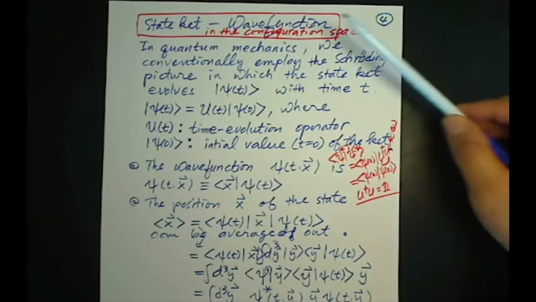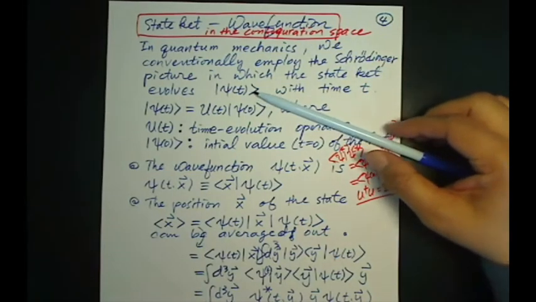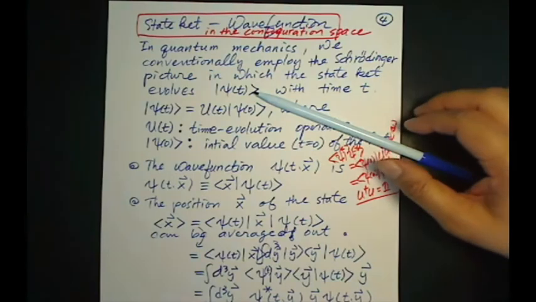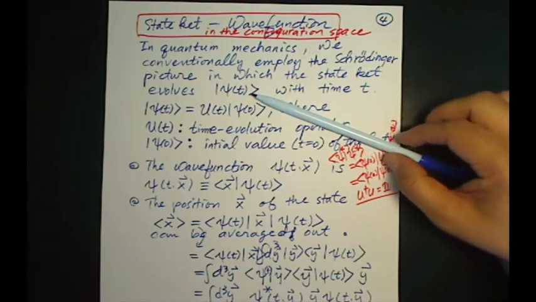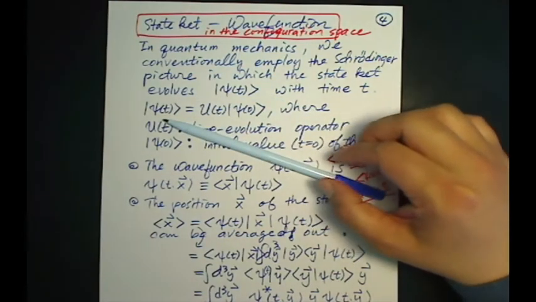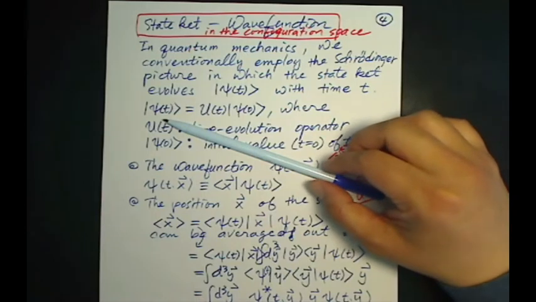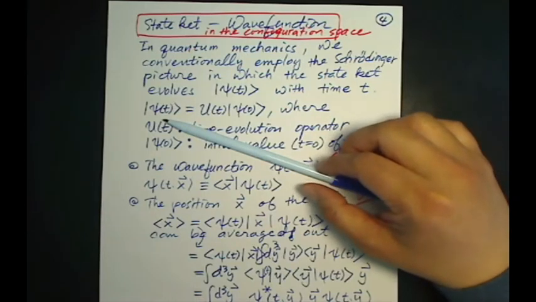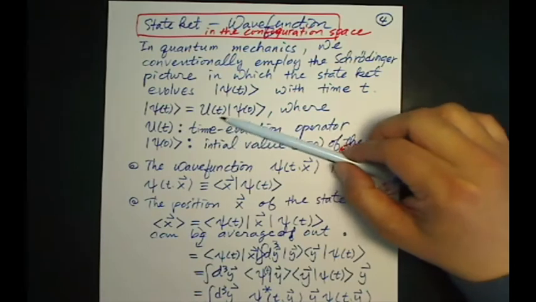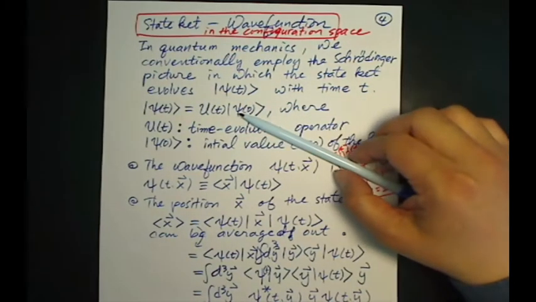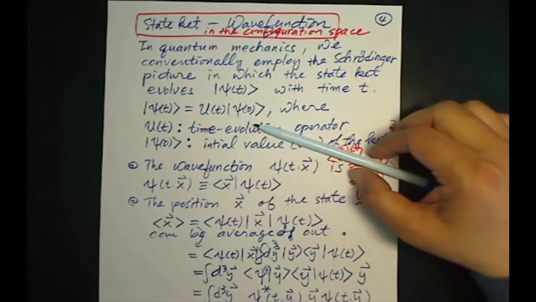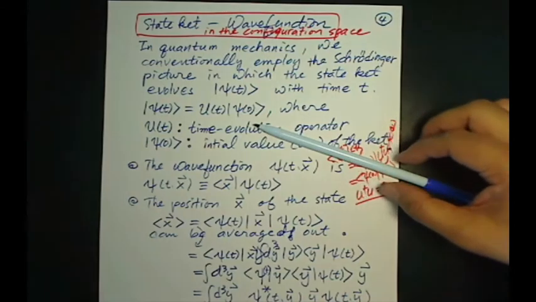In the Schrödinger picture, the state ket develops as time goes on, and the state ket at time t can be obtained by multiplying the time evolution operator to the state ket at t equals 0.